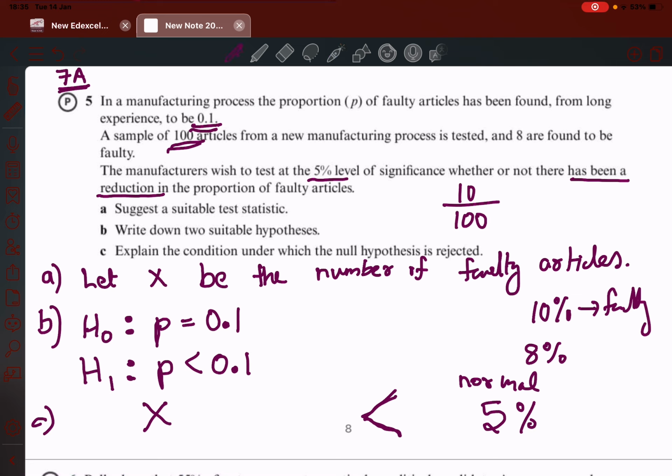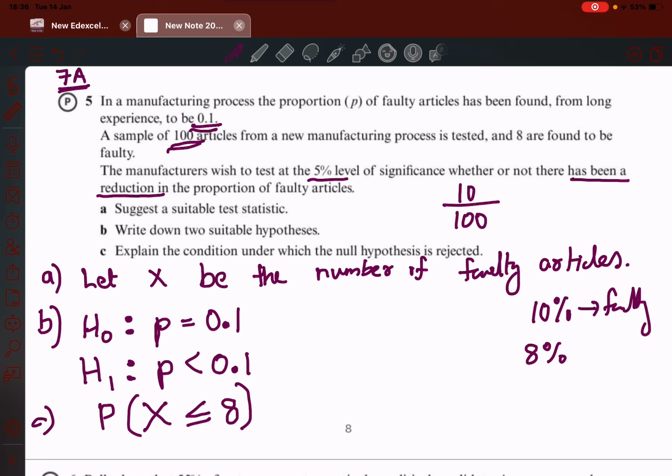But here we've got 8 of them. So we ask, is it normal to get 8 or less than 8 when we are testing out of 100 of them? Is it normal to get P of x less than or equal to 8. Why am I looking for less than or equal to 8?